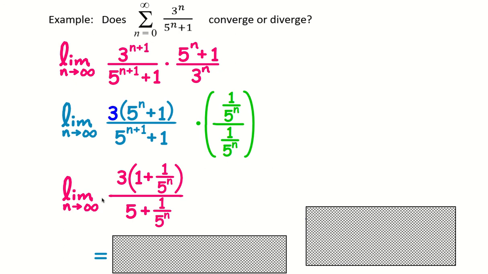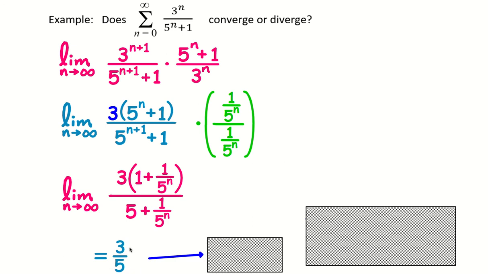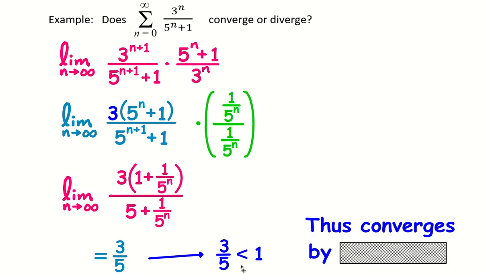And if you actually let n approach infinity, because if you would have let it approach infinity up here, which maybe you would have done, you end up with like infinity over infinity, and yeah. This little trick is nice. And so letting n approach infinity here, you get 3/5, which is less than 1, and so therefore our series converges.